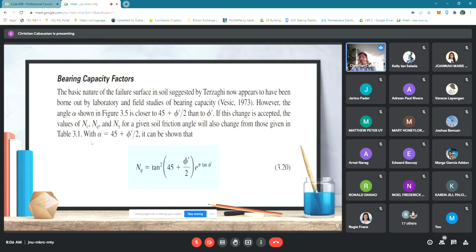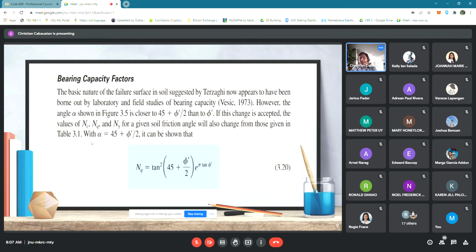Okay? For Nq, the equation for Nq would be tan squared times the quantity 45 plus friction angle over 2, times e to the pi tan phi. We would not be deriving this formula kasi napakahaba nito. Kapag sinolve natin, baka kulang pa ang ating buong time.